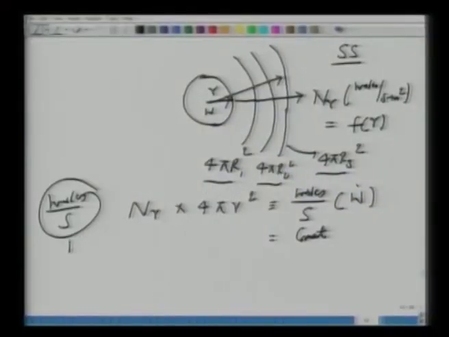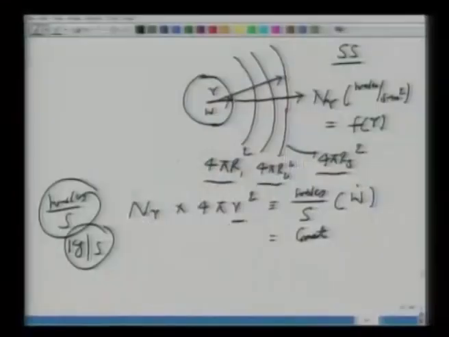Although the total moles per second, or kg per second, will be conserved, constant under steady state, kg per second per meter square or moles per second per meter square will not be constant with r. So when we write down the expressions for N_r and in the previous expressions and we integrate, we have to ensure that we are making correct integrations.